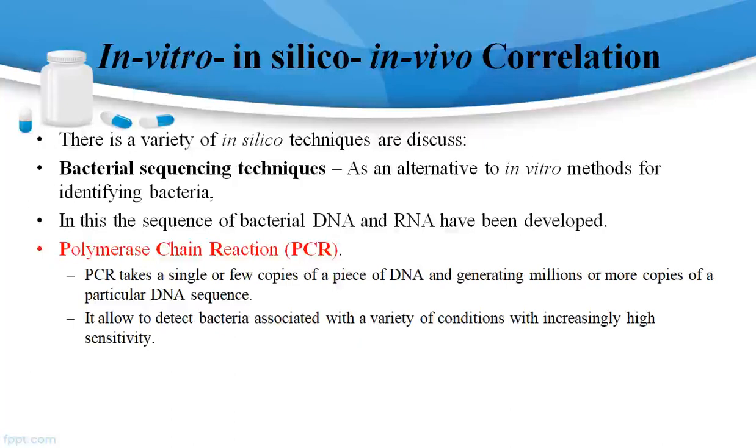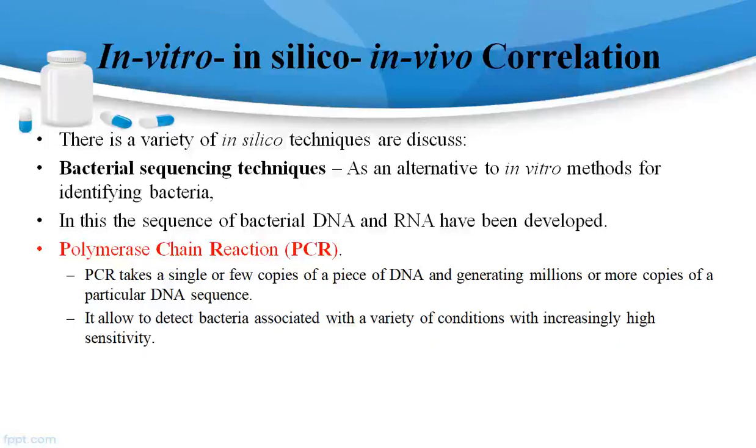A variety of in silico techniques are discussed. First is the bacterial sequencing technique, as an alternative to in vitro methods for identifying bacteria. In this technique, bacterial DNA and RNA are amplified using polymerase chain reaction.